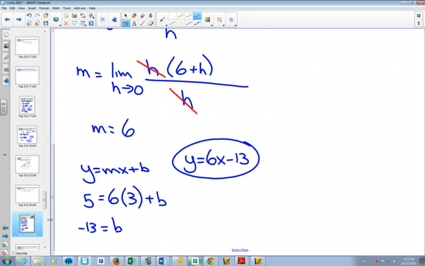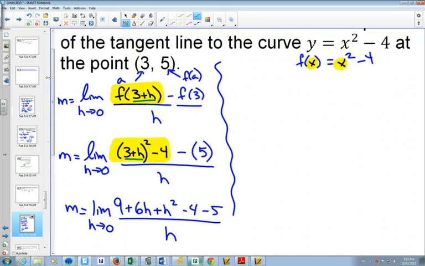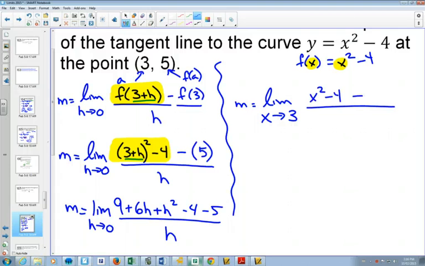Good. So looking at our other technique, which was that the slope was the limit as x approached a, and our a value is 3 in this case, because we're finding at the point 3 comma 5, of f of x, which is just x squared minus 4, minus f of 3, which would be just 5, over x minus 3.